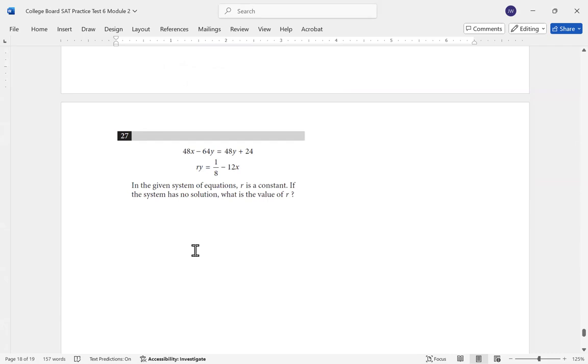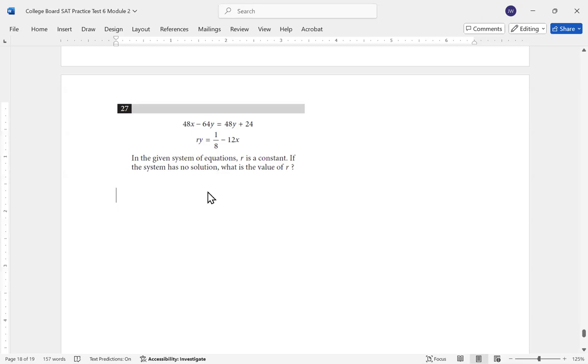Question 27. In the given system of equations, R is a constant. If the system has no solution, what is the value of R? No solution means that we have parallel lines.